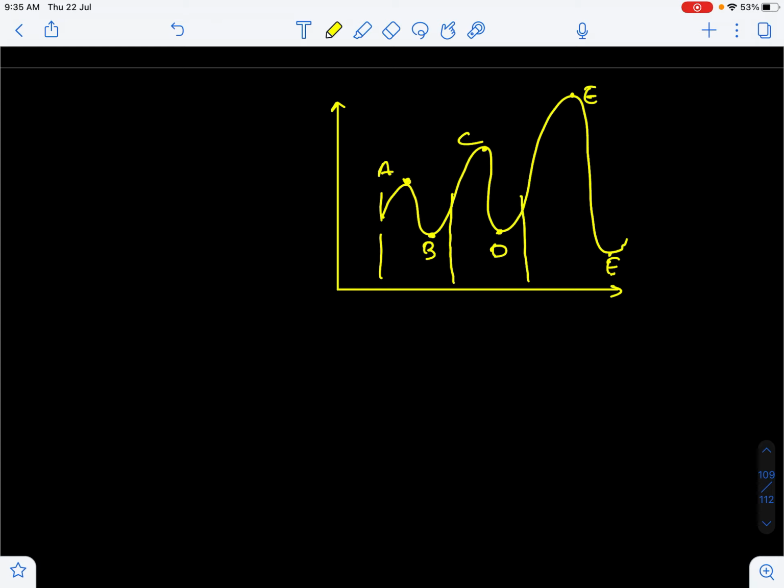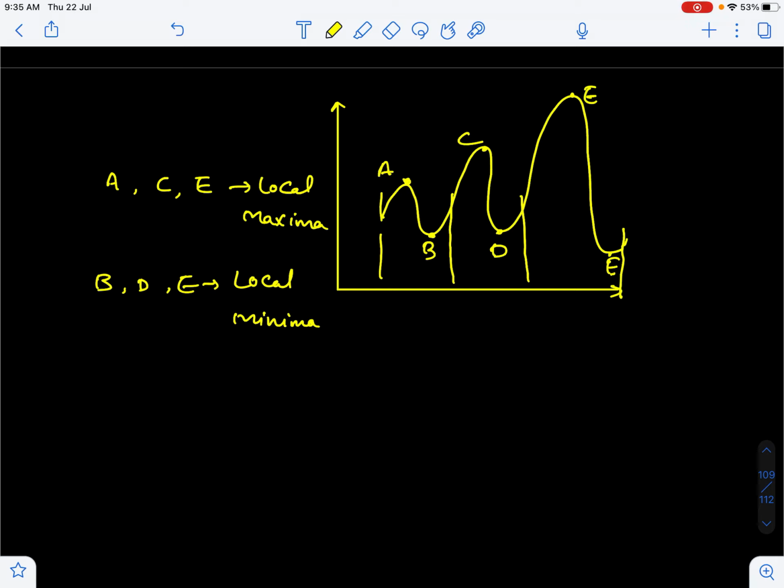Suppose I have taken an interval like this. A, C and E are points of local maxima, and B, D and F are points of local minima.